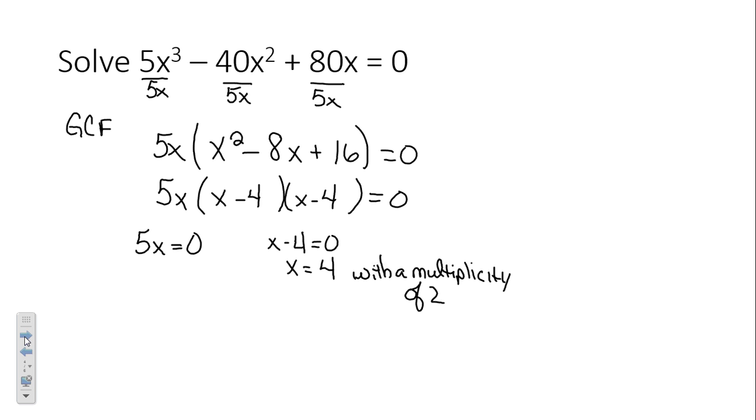Divide by 5, what are we going to get? 1x equals 0. Okay? So if x is 0, 0 times 5 minus 0 squared times 40 plus 0 times 80, we get a 0, don't we? So anytime you get to factor an x or an x squared or an x cubed out, then that can be a 0 as well. And that can make it equal to 0.